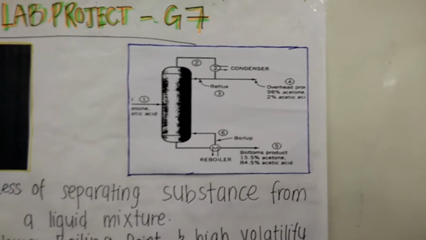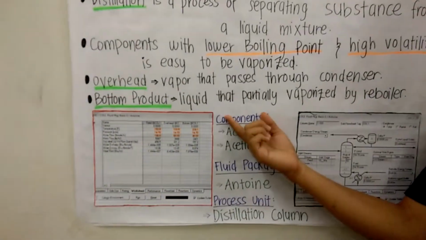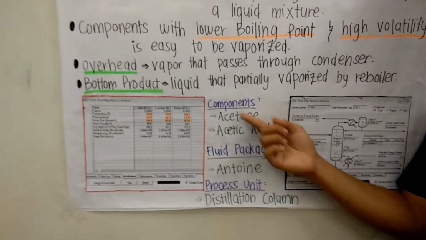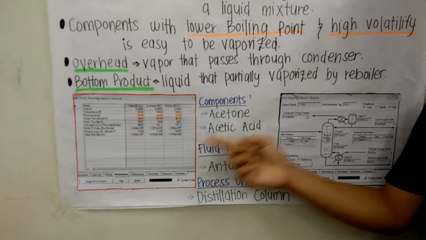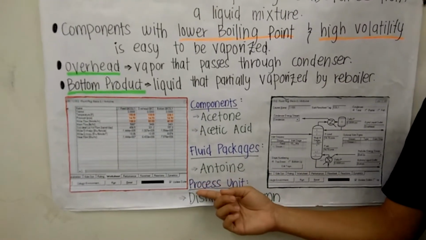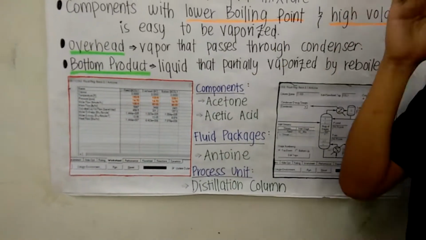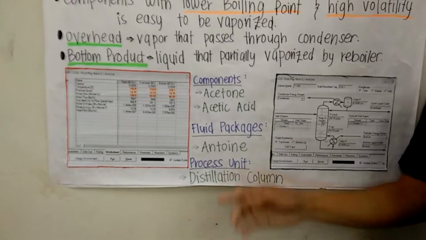I will explain the methodology of our project. Before entering simulation mode, we have to key in our components, which are acetone and acetic acid. The fluid package used in our process is Antoine, and our process unit involves one unit, which is the distillation column. After that, we can enter simulation mode.